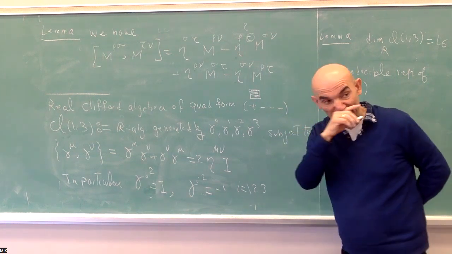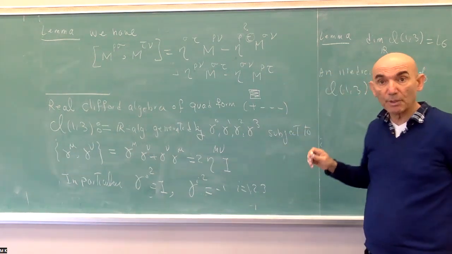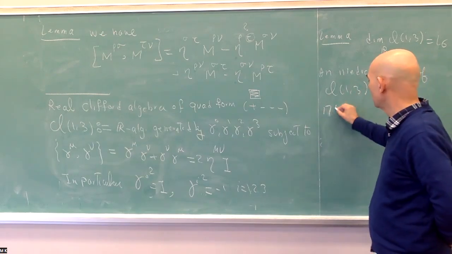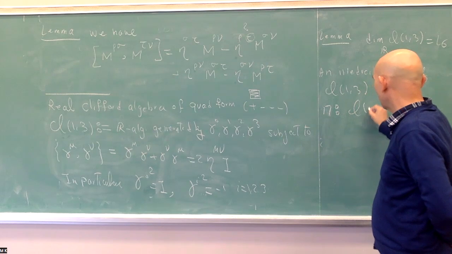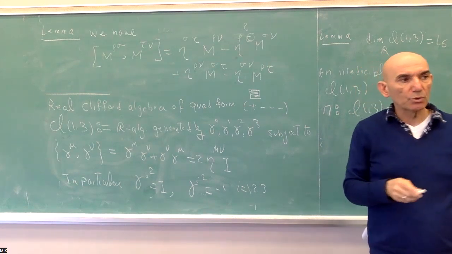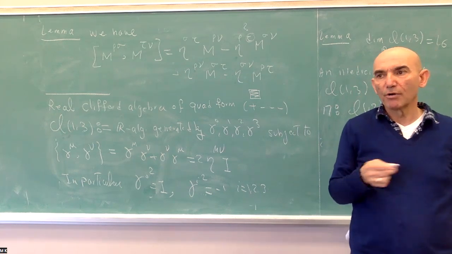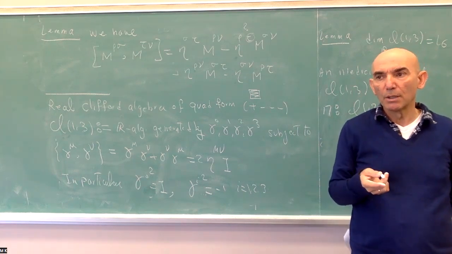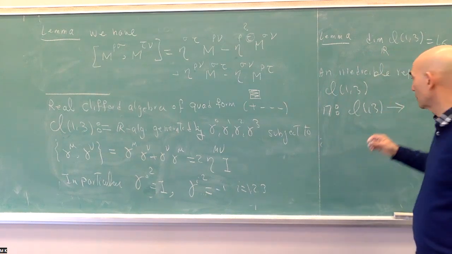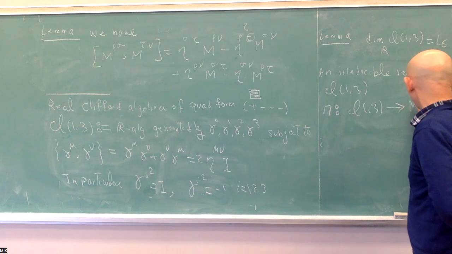In other words, what I'm saying is that there is an algebra map, maybe I call it chi, from CL13 into the algebra of 4x4 matrices with complex coefficients, M4(C).